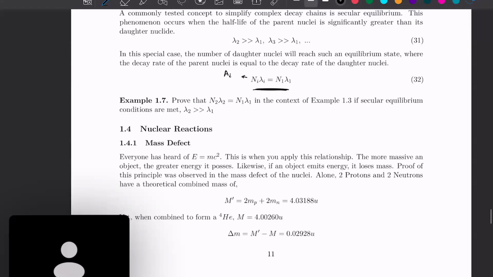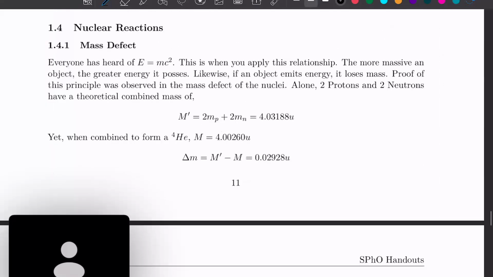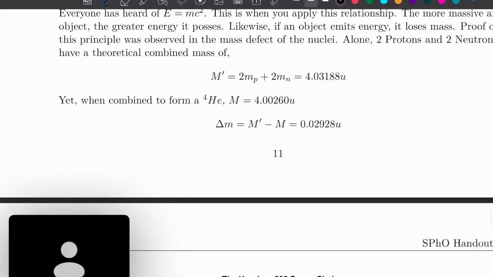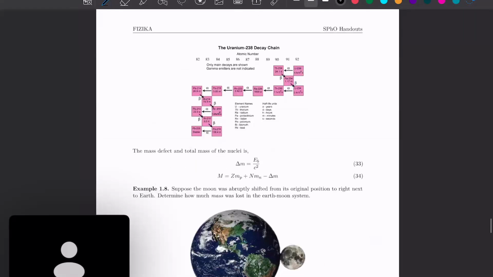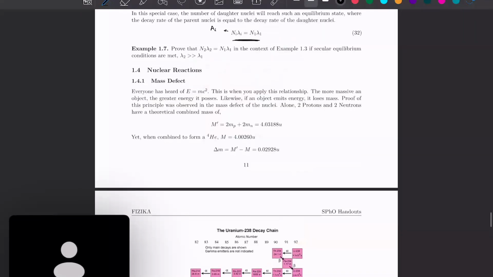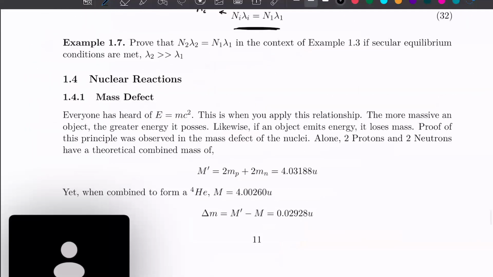Okay, so this is, I would say, the next important part of nuclear physics, which is mass defects. Basically, energy release lah from formation of a nucleus.